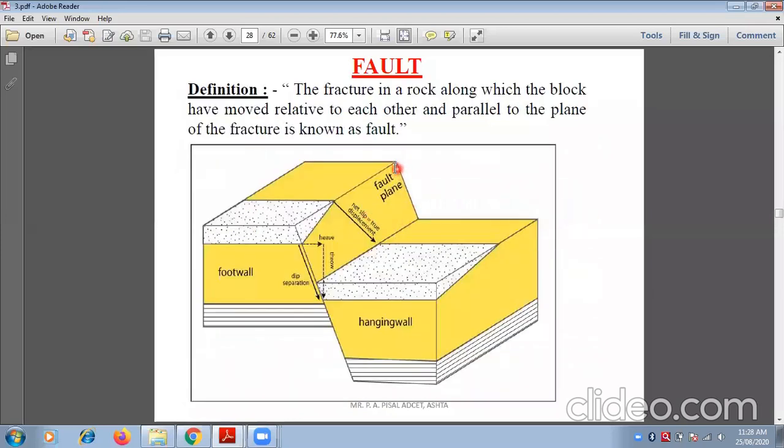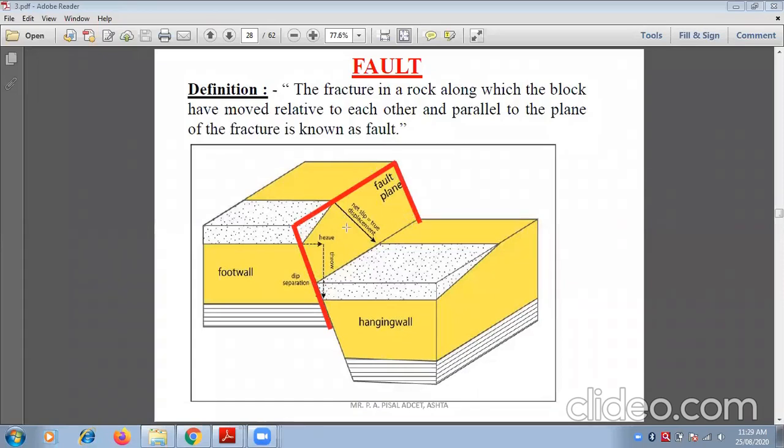Now I will show you with markings. Here this red line surface is considered as a fault plane.